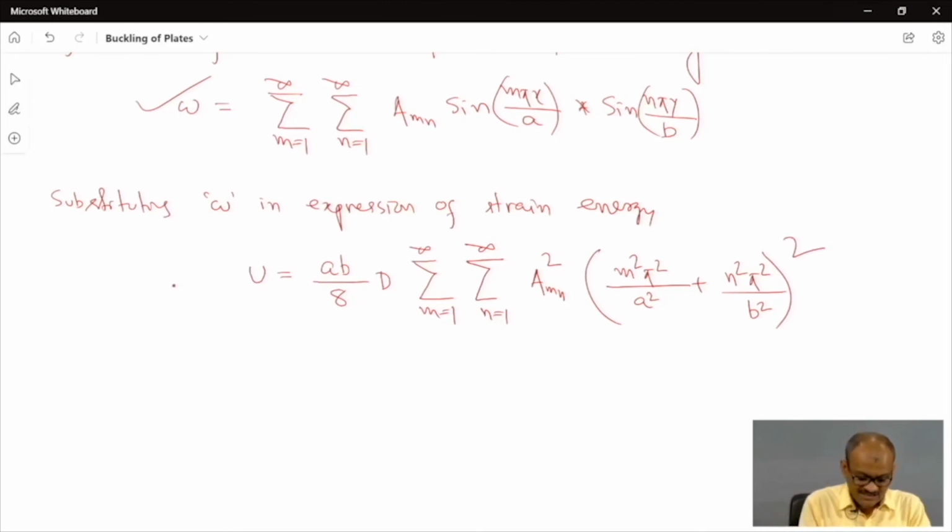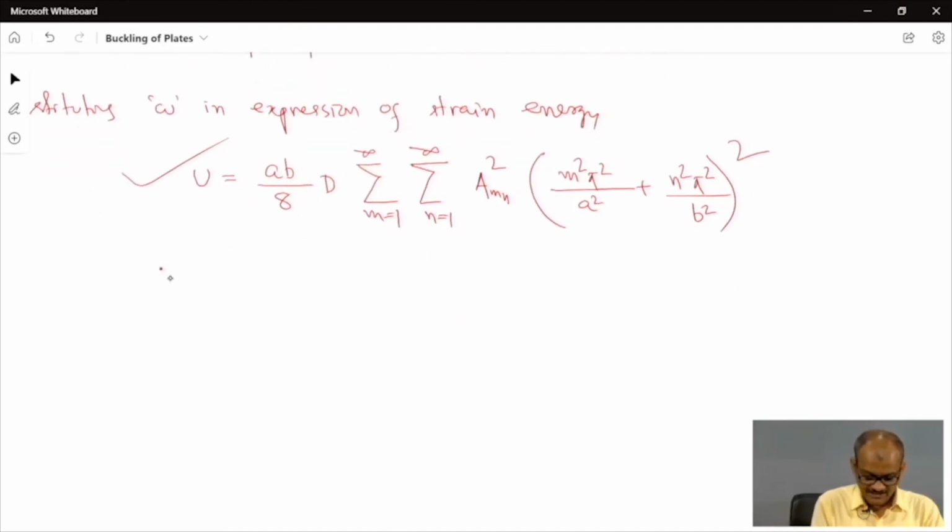Then this is the strain energy stored in the plate, and for finding the total potential energy of this plate, you will have to find the work done by the compressive force during buckling of the plate. This is stored as potential energy.